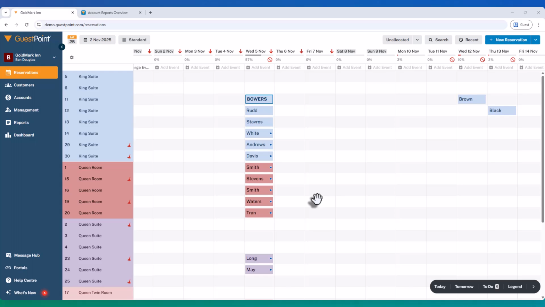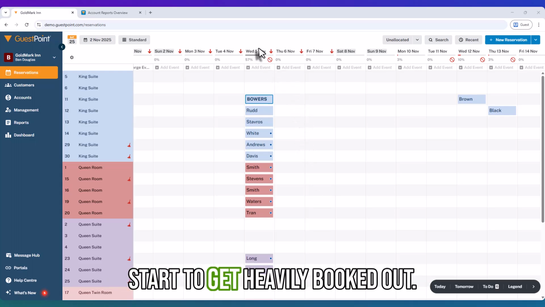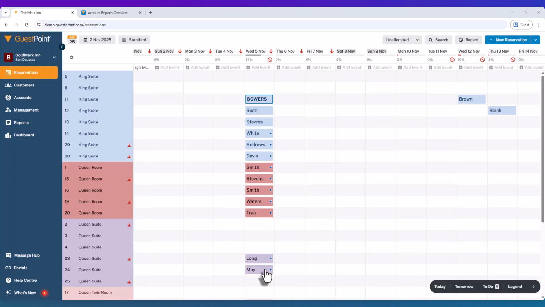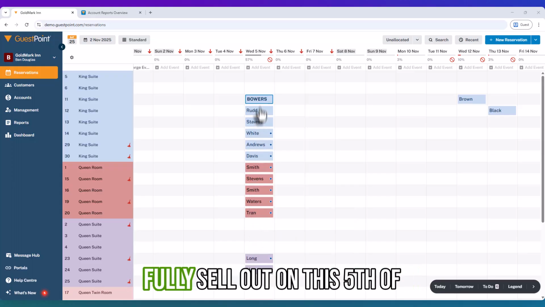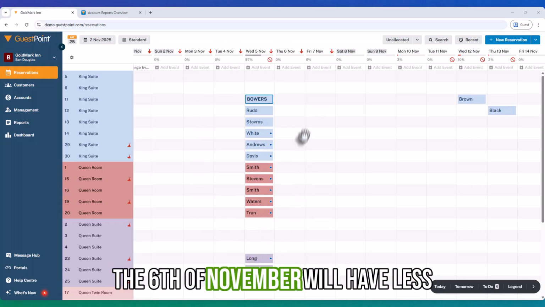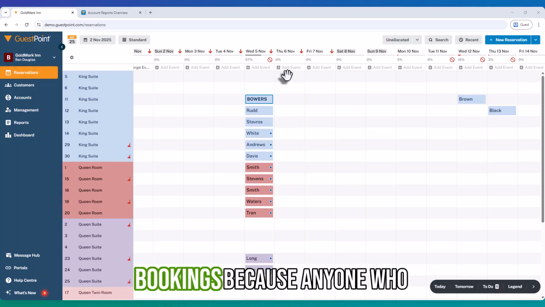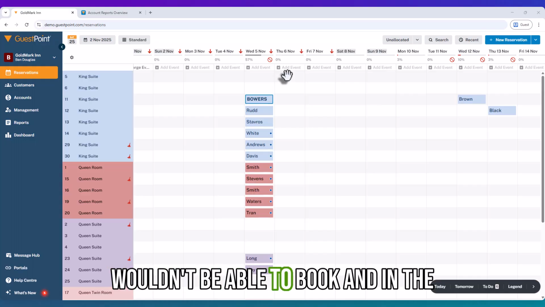It's quite common to have a date in the future start to get heavily booked out. What we want to look at is if we fully sell out on this 5th of November, the 4th of November and the 6th of November will have less bookings because anyone who wanted to stay on the 4th, 5th and 6th wouldn't be able to book.